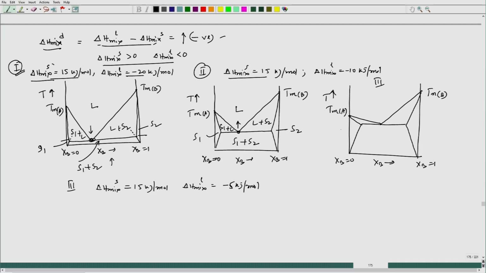So, this is the kind of change, rest you just put it. Okay. This is S1 plus liquid, this is liquid plus S2, like that way these changes will be noticed, fine. Okay. So, this is one kind of subset or sub combination we can consider within the main combination 4.